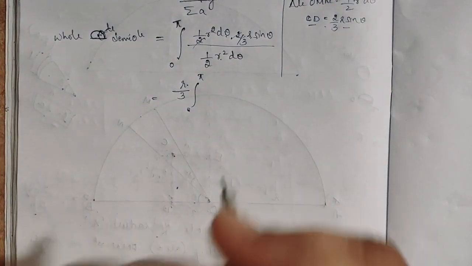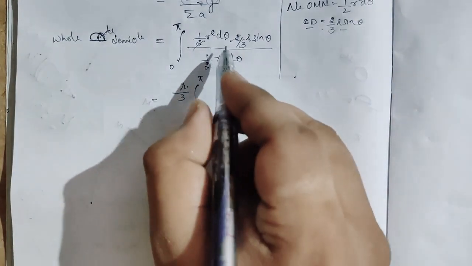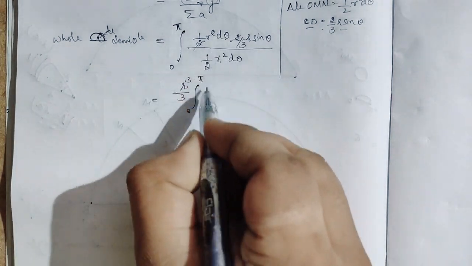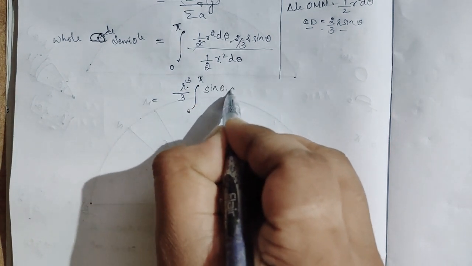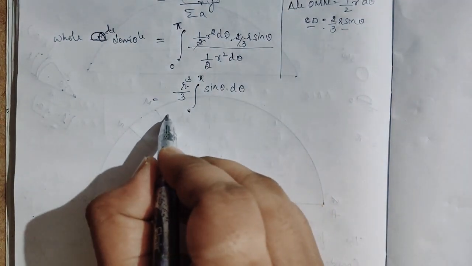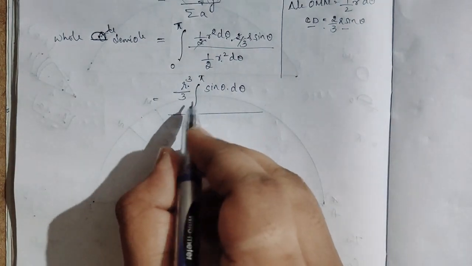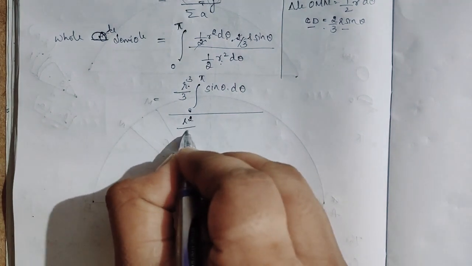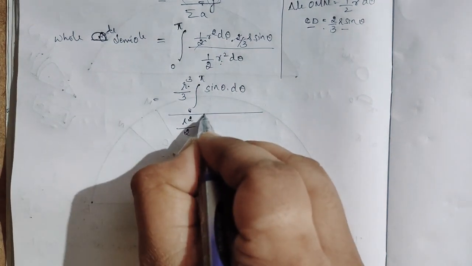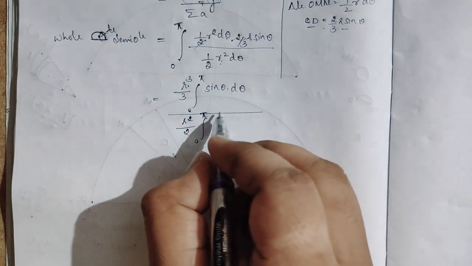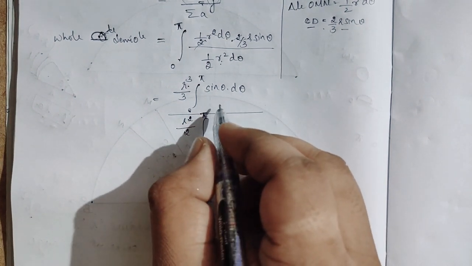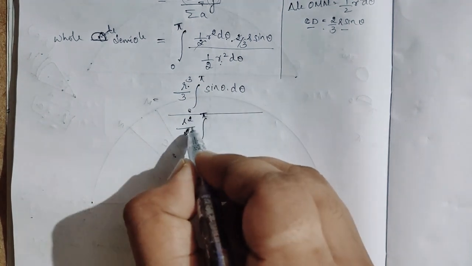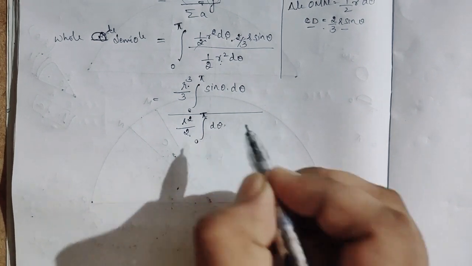Here you don't cancel all the things, you just keep r into r as r cube, then sin theta into d theta, divided by half into r square into d theta. Take r square by 2 common, 0 to pi. I am integrating separately, which is also a rule in integration, if you remember.